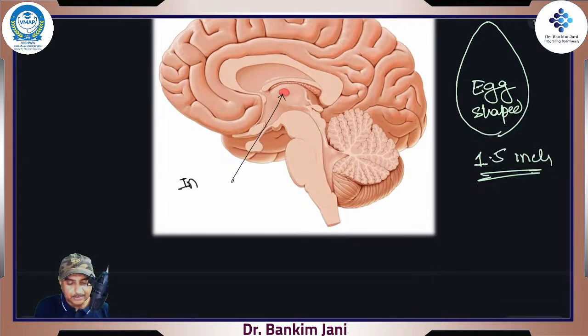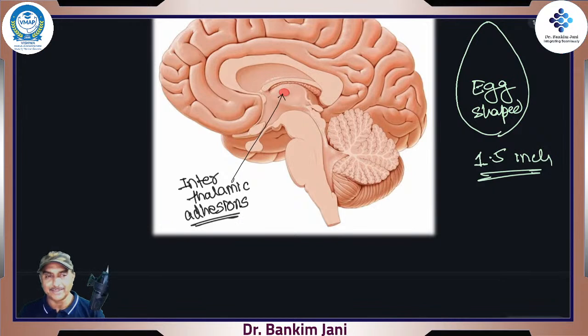You can ask a question: why don't we call it interthalamic commissure? Because we said that a commissure is where the fibers are going and coming and they are communicating, right? But over here, regarding these interthalamic adhesions, there is so much debate about whether the fibers really communicate with the opposite side.